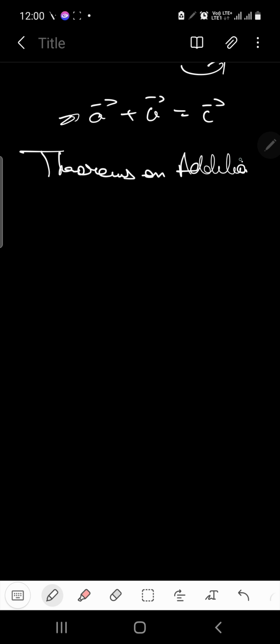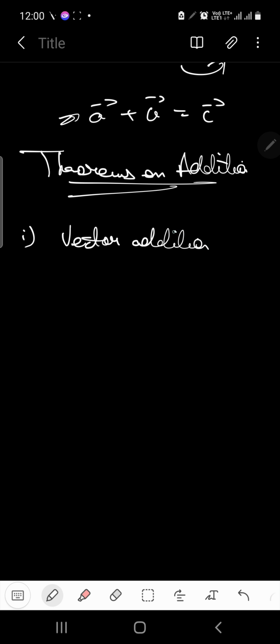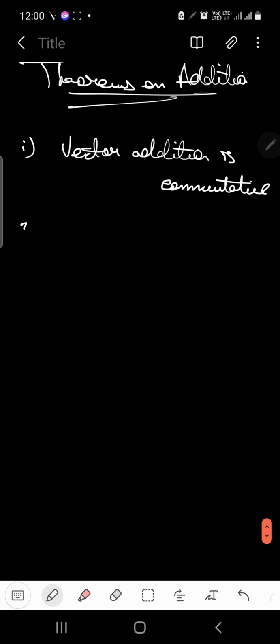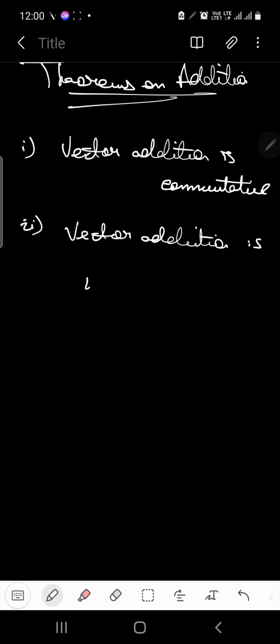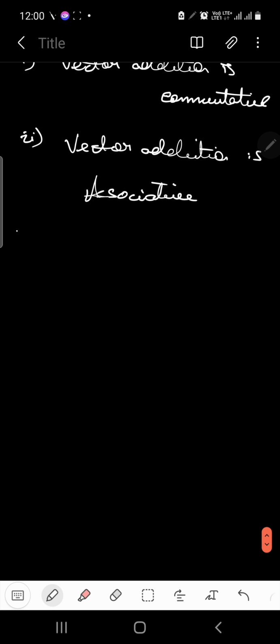Okay. Next, talking about theorems on addition. So the first theorem is that vector addition is commutative. Next, vector addition is associative.